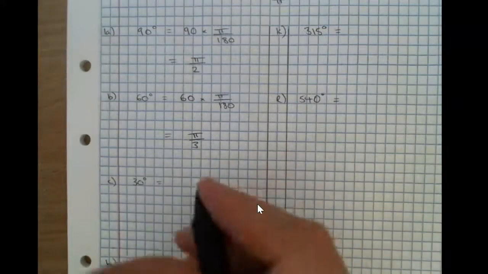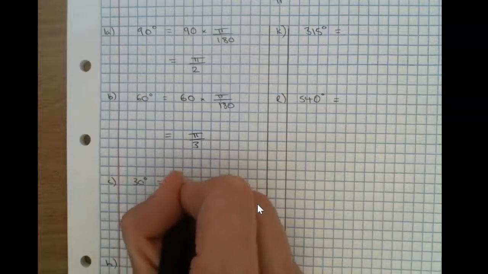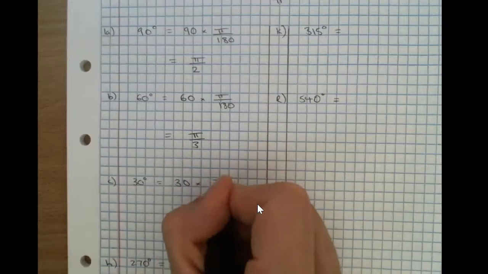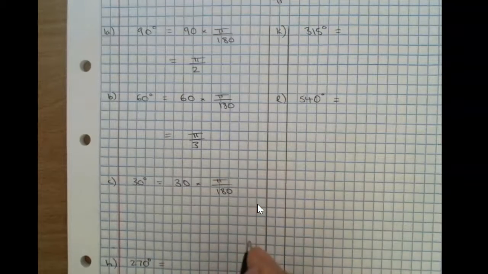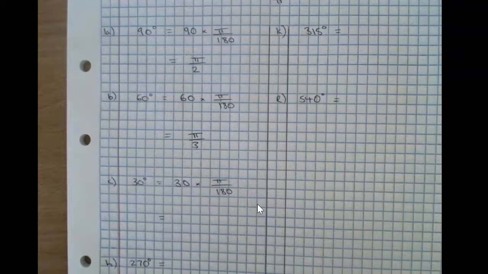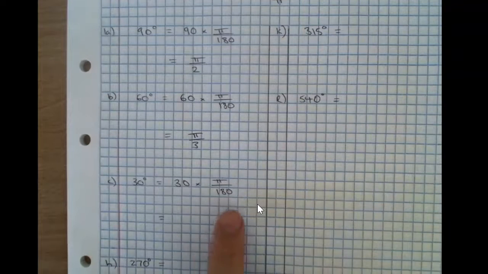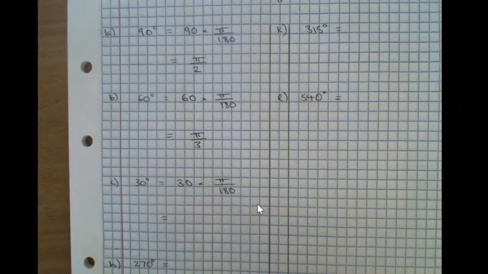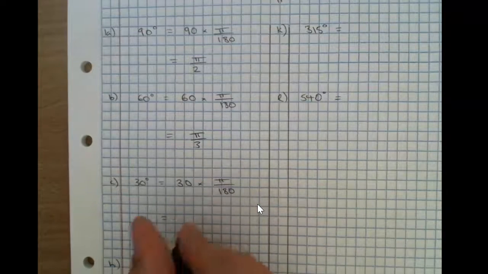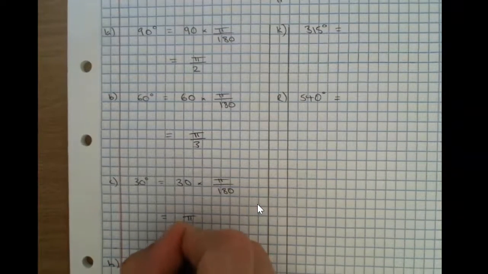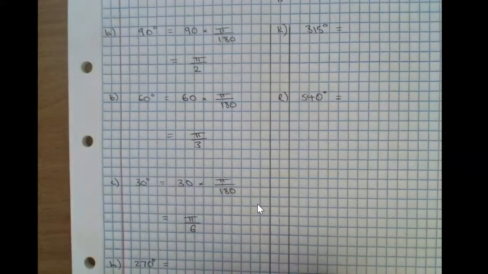So I've got 30 degrees, 30 times pi over 180. And I need to consider how many times does 30 go into 180? Well, it goes in 6 times, so that would be 1/6, so pi over 6.